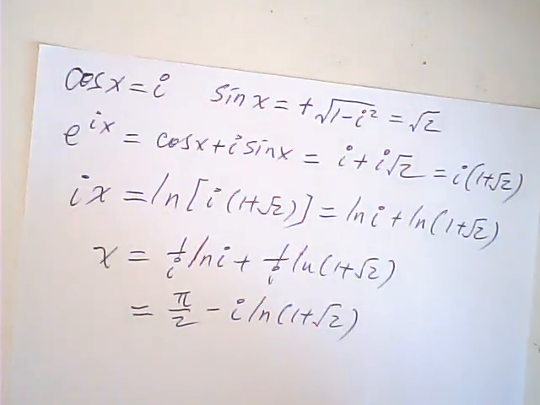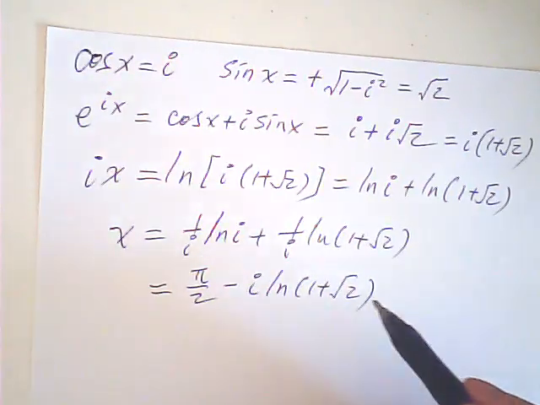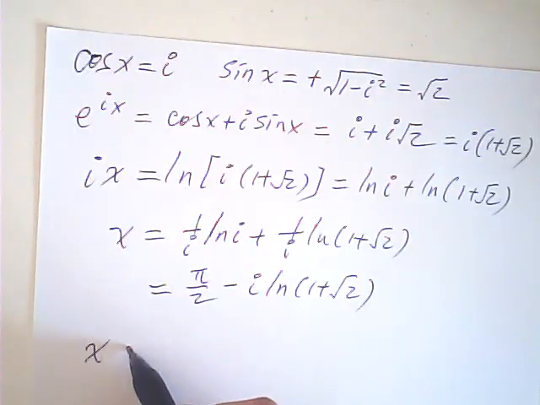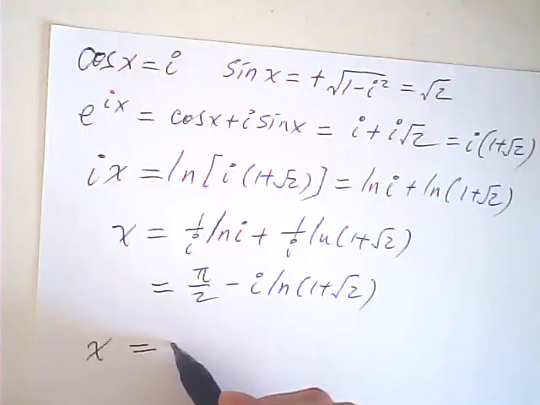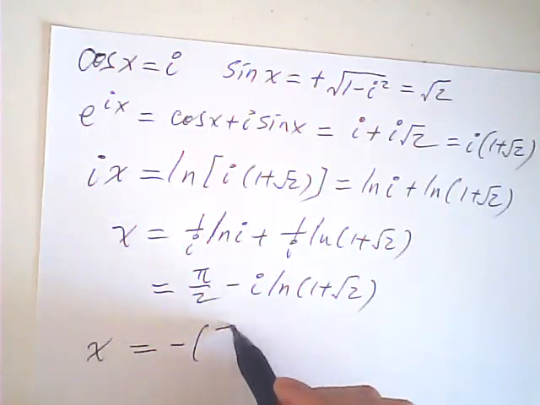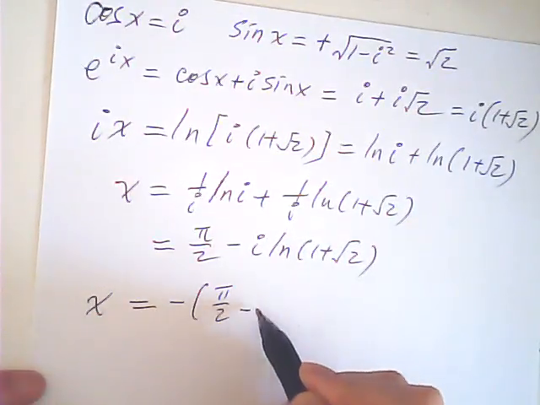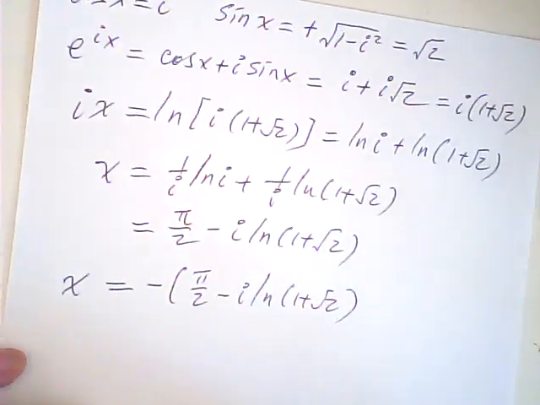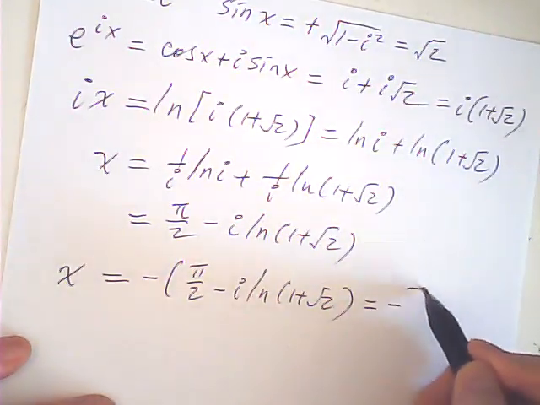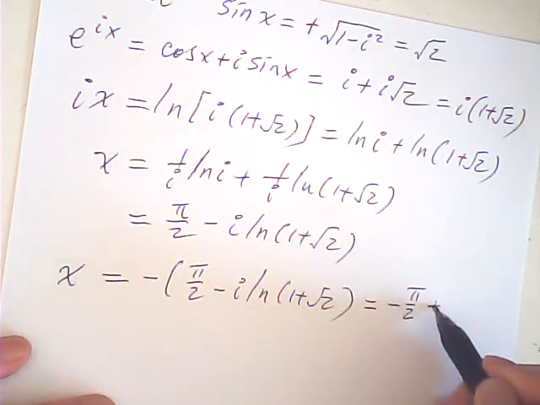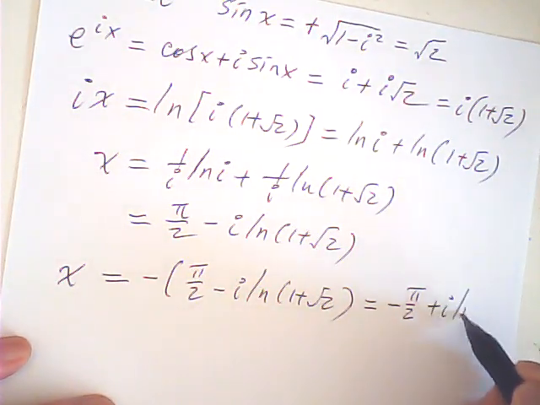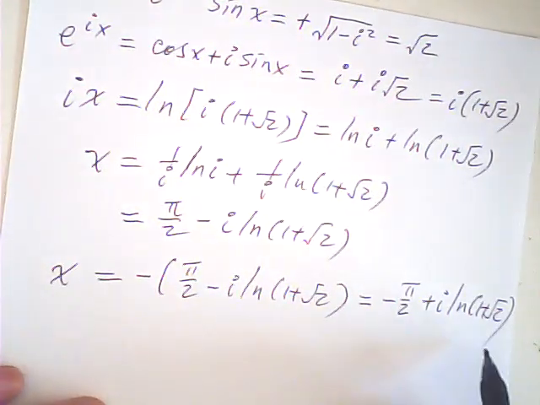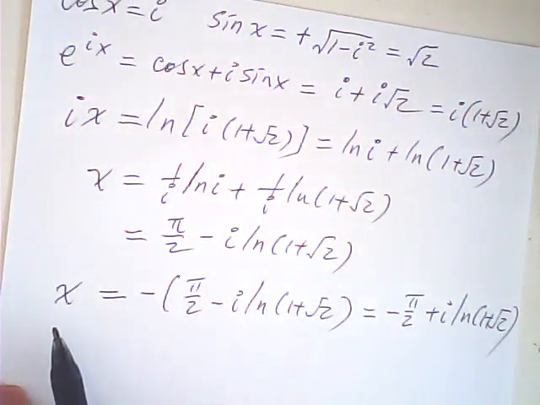Yeah. Then I'm considering the fourth quadrant. So x can also be equal to negative x, right? So this one is equal to negative half π plus i. Wow, this is also a solution when x is in the fourth quadrant.